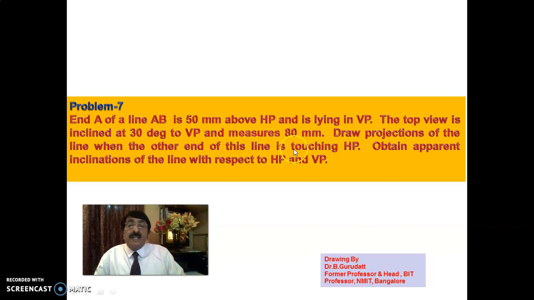That means the XY line itself is the locus in the front view, because the other end of the line is touching HP. Please understand this. Once you know these three parameters, you can comfortably complete it.